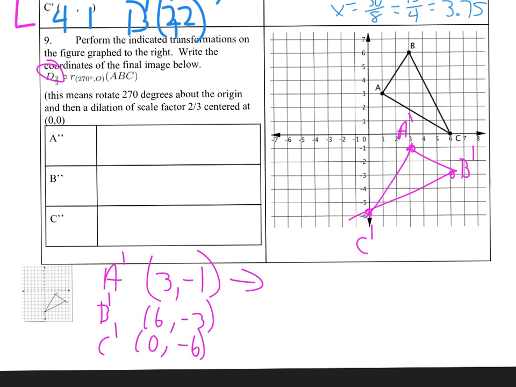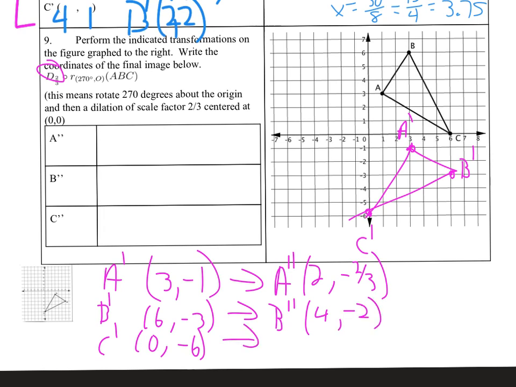So 2/3 times 3 is 2. So that's A double prime is at 2. 2/3 times -1 is -2/3. 2/3 times 6 is 4. 2/3 times 3 we've already shown is -2. And then 2/3 of 0 is 0. And 2/3 of 6 we've already shown is 4, so -4.